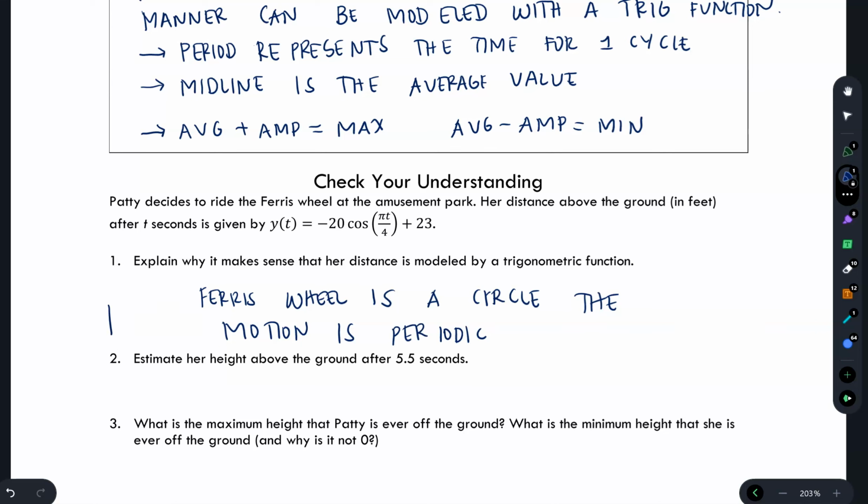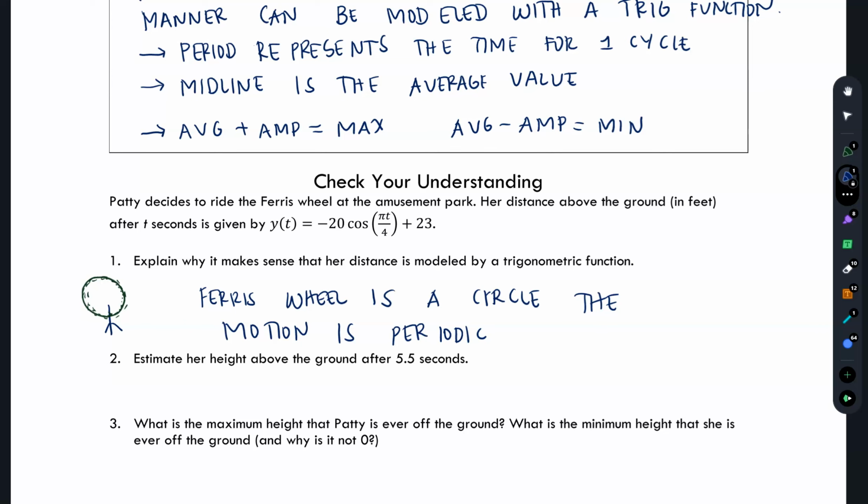I'm trying to draw a Ferris wheel over here. That's terrible, I'm sorry, but you know, we're at the same distance above the ground and you can keep going around and around that Ferris wheel.